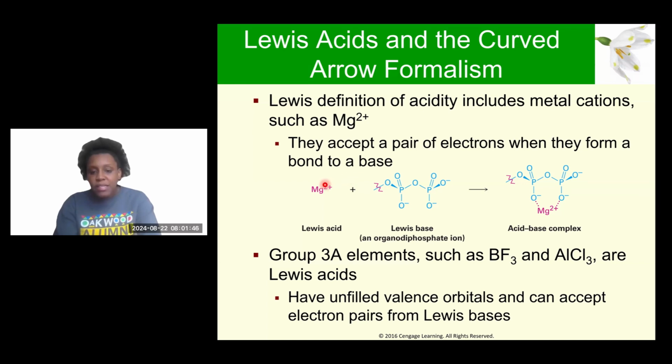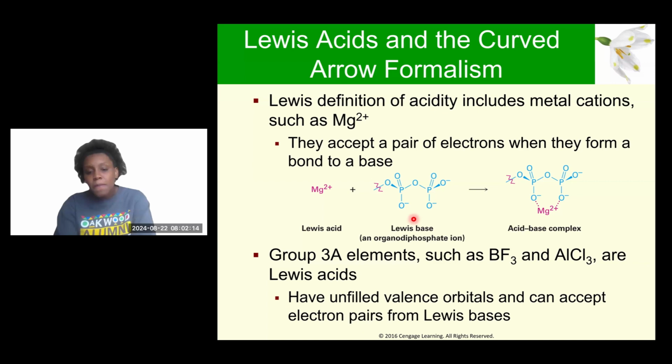So we look at this and we notice that the magnesium is positively charged, therefore it has empty orbitals available. Whereas the oxygen here is negatively charged, so it has additional electrons in its orbitals. So this would be the acid, and this would be the base. So again, the one that has the empty orbitals is the acid, the one that has the filled orbitals is the base.